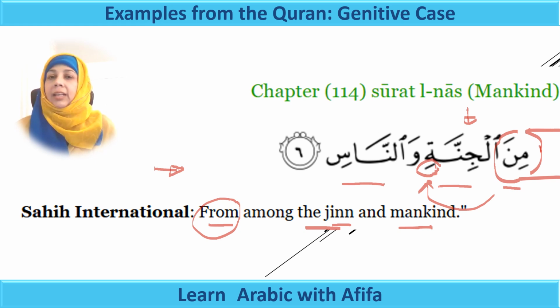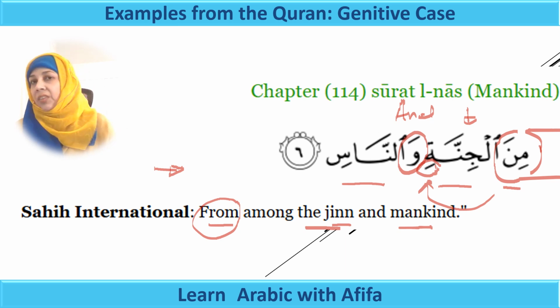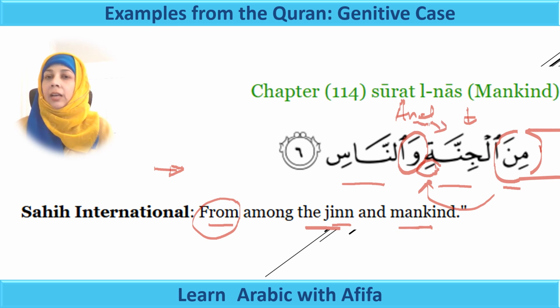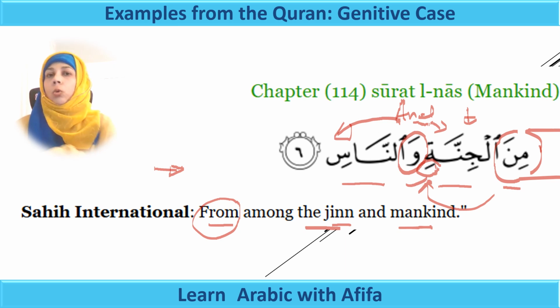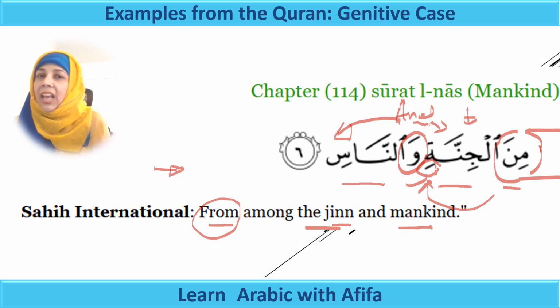Okay. And then waw, it means and. Whenever waw comes, it is joining what comes previously. So whatever is the case ending of the previous portion, it will carry through into the next portion. So here, because waw came and before waw jinnati had a kasra, what comes after waw is going to carry the same case forward.